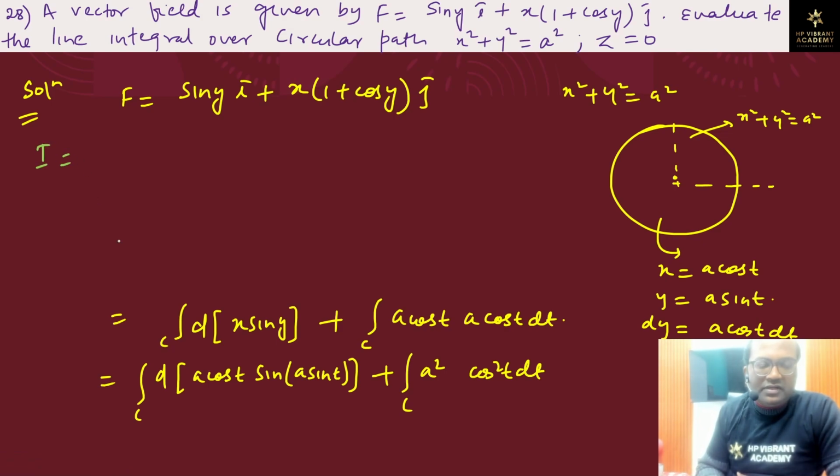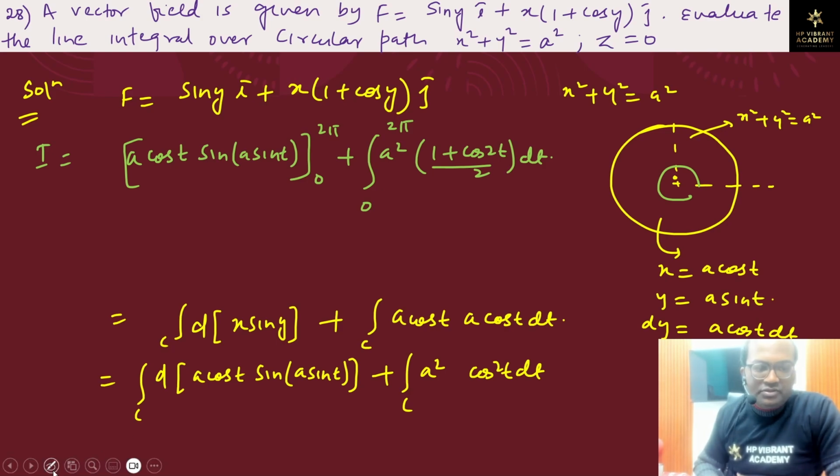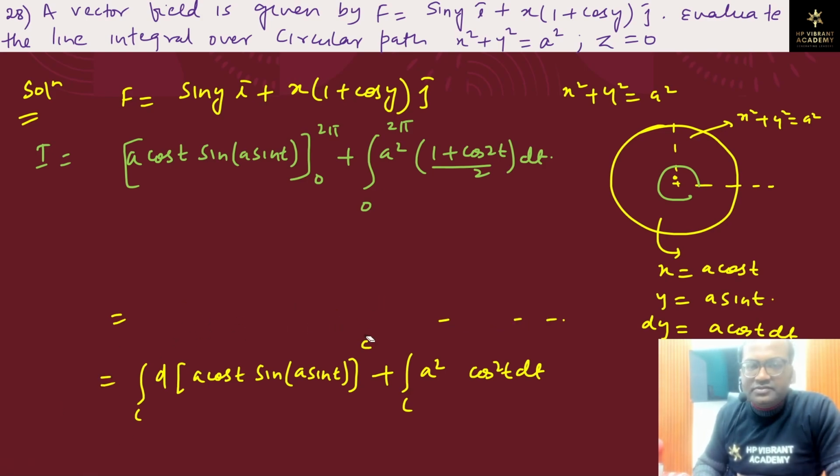So we have the value of I as integral of a differential. So this is a times cos t sine of a sin t. Limit is from, t is the angle and t varies from 0 to 2 pi. So this is 0 and this is 2 pi, plus a square, this we can write as 1 plus cos 2t upon 2 dt, and integral is from 0 to 2 pi. Okay. Let us put the values of limits.